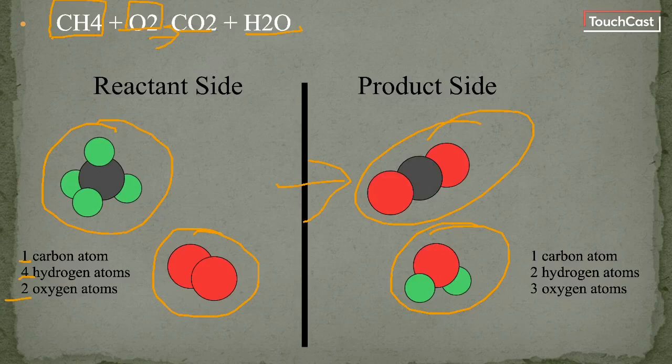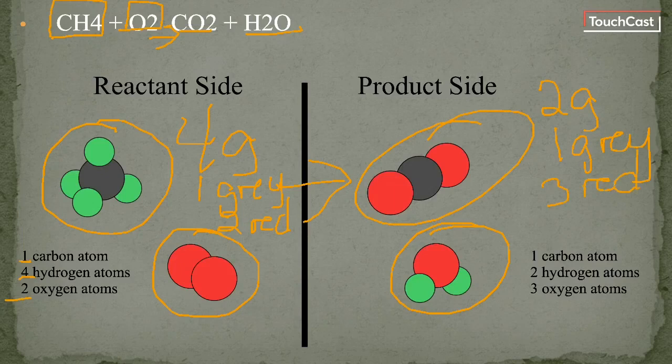So if you notice here, I have 4 green, I have 1 gray, and I have 2 red. Okay, on this side I have 2 green, I have 1 gray, and then I have 3 red. Those numbers don't match.